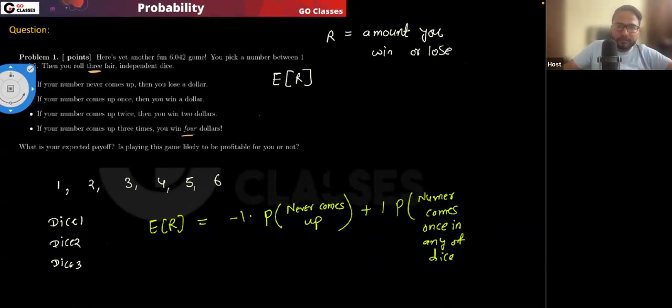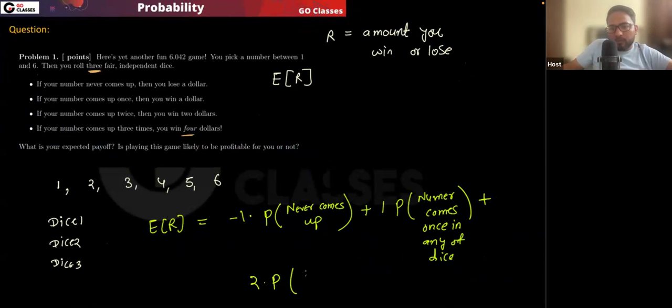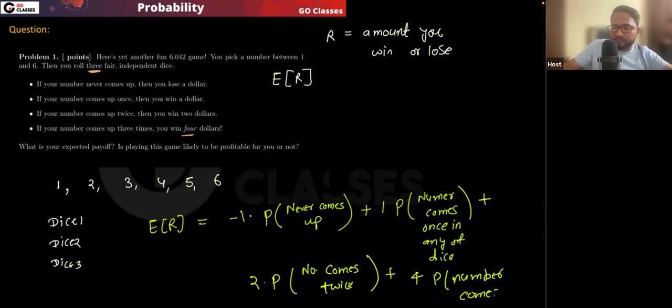Similarly, plus it will be 2 times the probability that the number comes twice, because then you are winning 2, plus you are winning 4 if the number comes thrice. Okay, so this is the formula that we are getting.